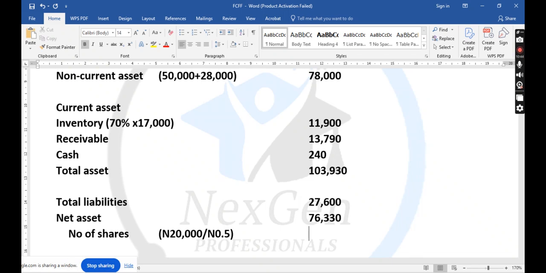What is the number of shares? 40,000. You say? 40,000. So, therefore, what is the market price? We divide it. Net asset divided by the number of shares.